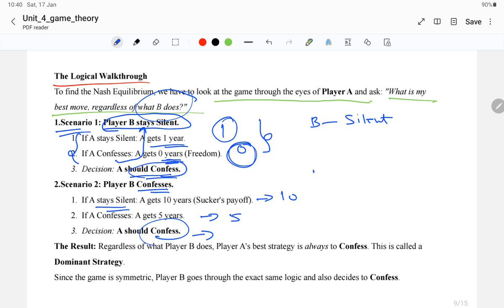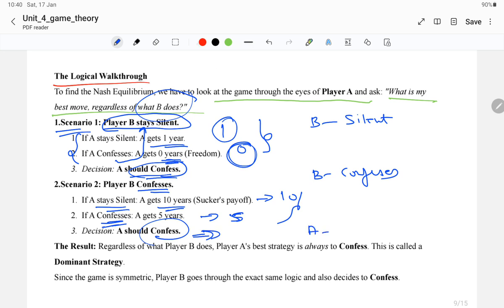Similarly, if B confesses, then if A stays silent, A will get 10 years, but if A confesses, A gets 5 years. Which is the best among these two? That is A confessing only. So here also the result is A confessing.